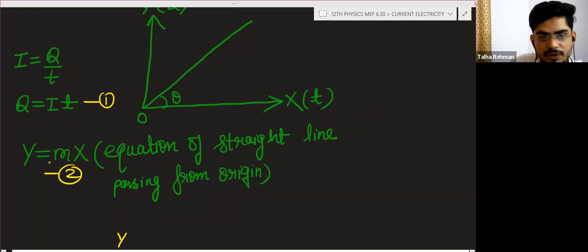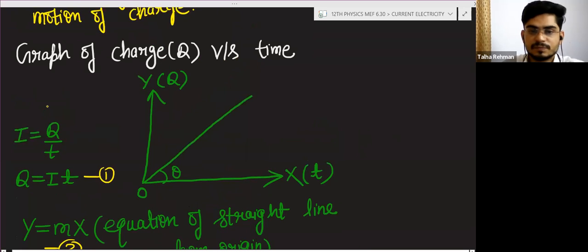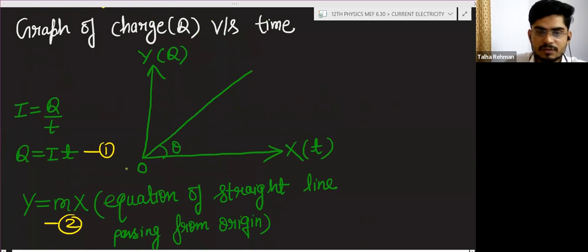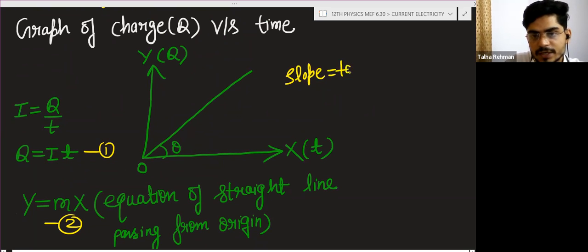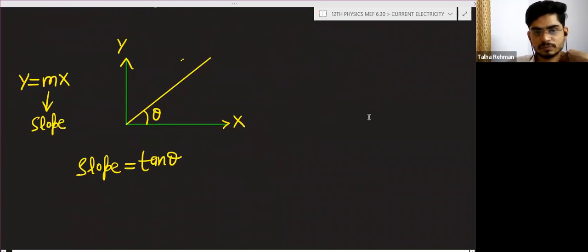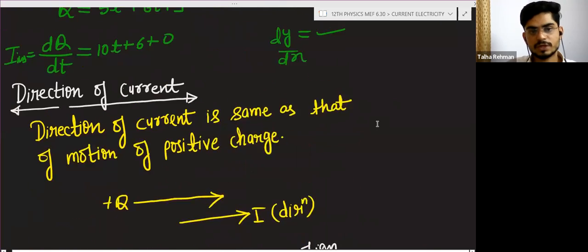By comparing equation 1 and equation 2, you will get the value of slope as current. Slope is also tan theta of this, but it will also be equal to I, and for I you can write Q by t. Okay, note it down.